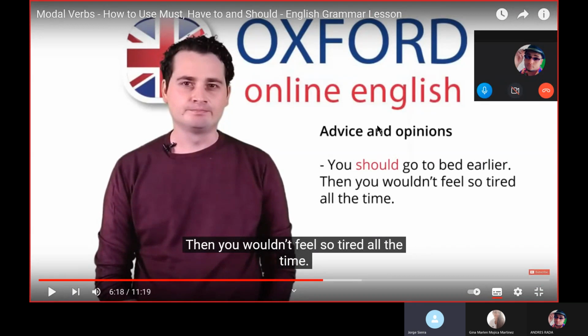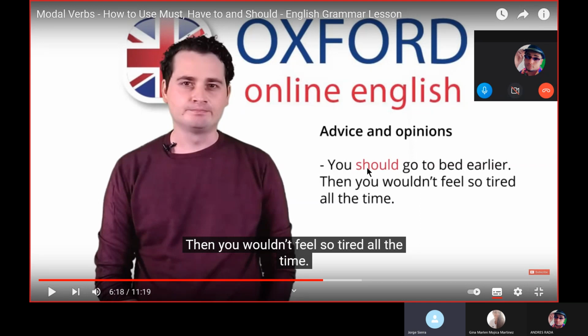Ok, como le decía, los verbos modales no los conjugamos para todos los pronombres. I, you, he, she, it, we, and they: va a ser igual, va a ser should. El verbo que le sigue es un verbo en infinitivo, en su forma base.